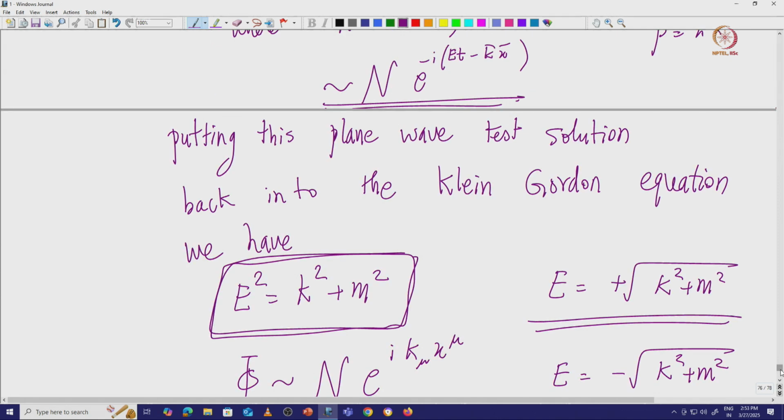So, what we have here is a situation in which there are two possible solutions for the energy, corresponding to taking the plus and minus signs of the square root of k square plus m square, and for both plus and minus the Klein-Gordon equation does not make any distinction. It provides an equal solution to both positive and negative energy solutions.